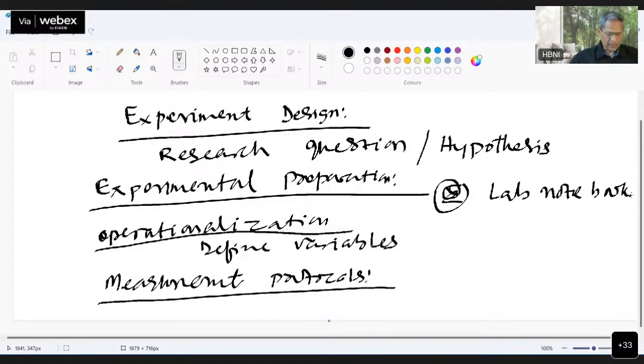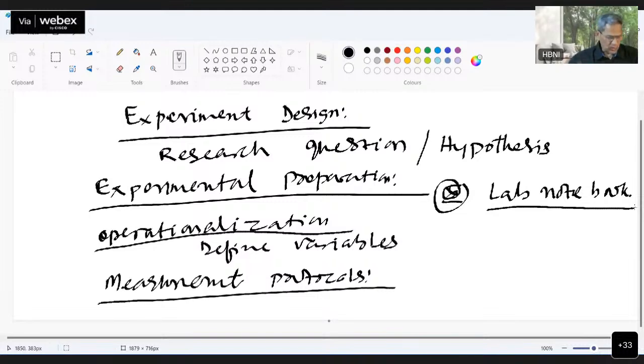Information on experimental parameters and raw data helps you to communicate with collaborators. Suppose in your notebook, you write everything in detail about your experimental parameters and raw data, because later on when you have to communicate your experimental procedure and everything to your collaborators, that will help.